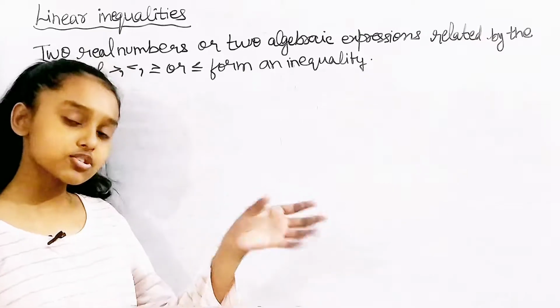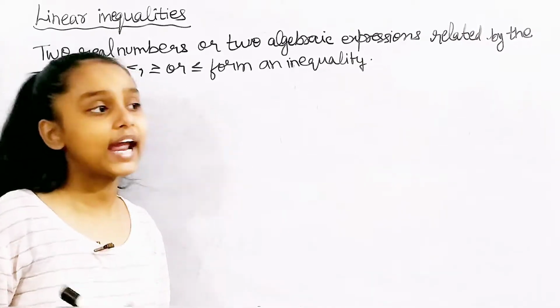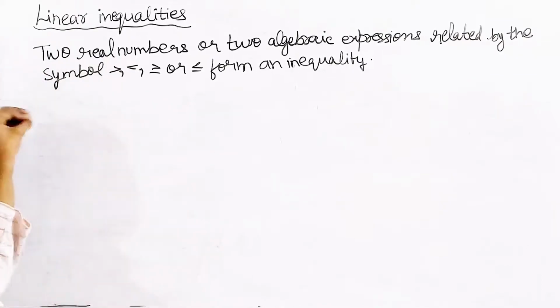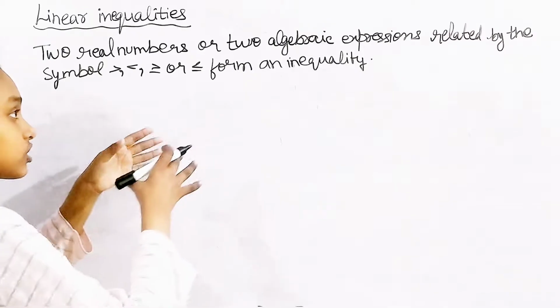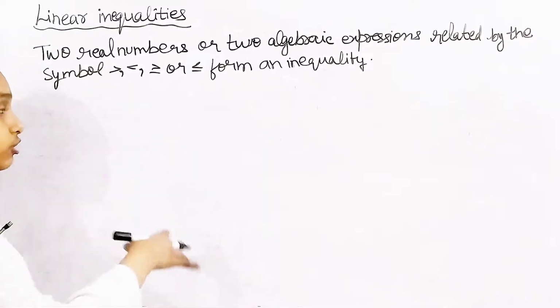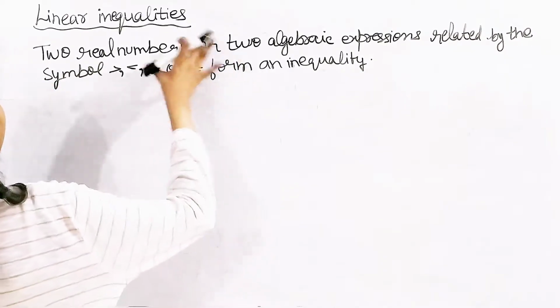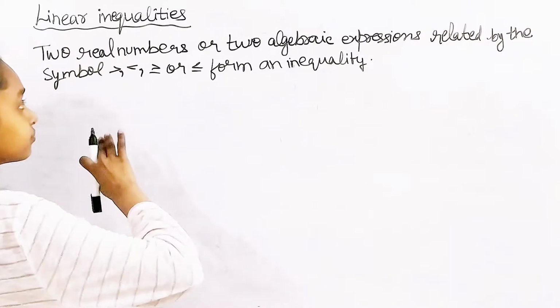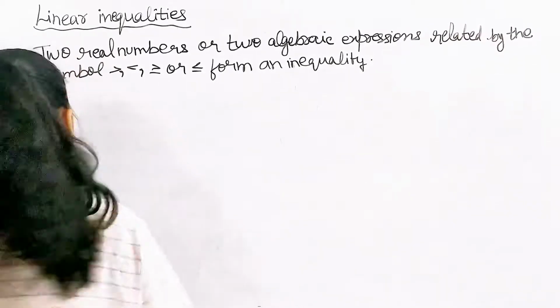So instead of using equal to signs, what we use here is less than, greater than, less than or equal to, greater than or equal to. This is what we call inequalities, linear inequalities.